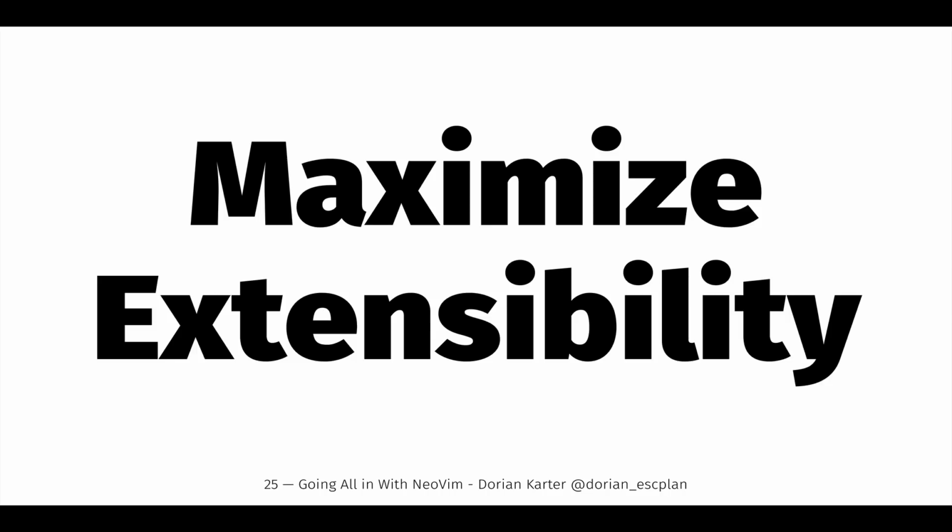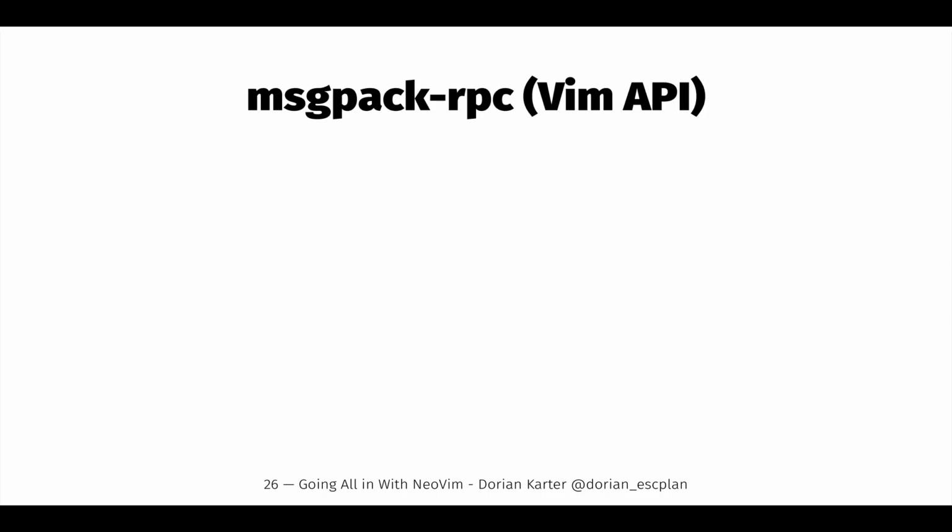Let's talk about maximizing extensibility. So we mentioned the MessagePack RPC. A contributing factor to legacy Vim's huge code base is its exclusive support for dozens of widget toolkits for GUI interfaces. The way NeoVim avoids that is by delegating GUI implementations to external clients, like we mentioned.